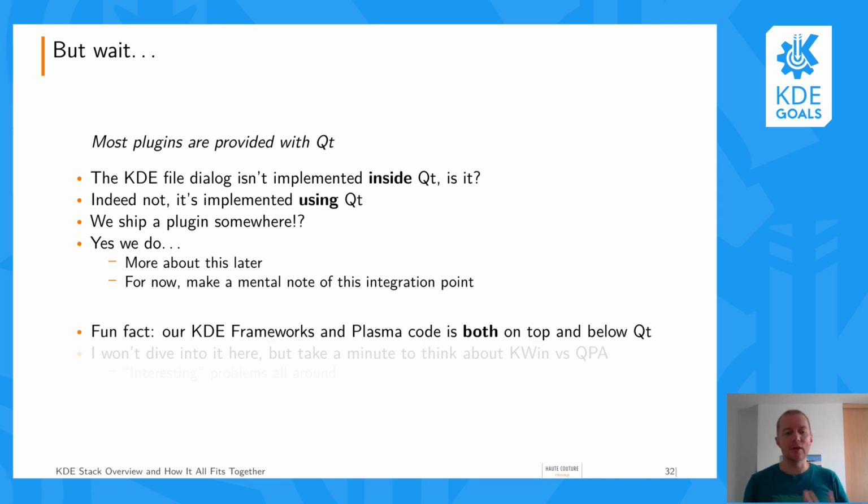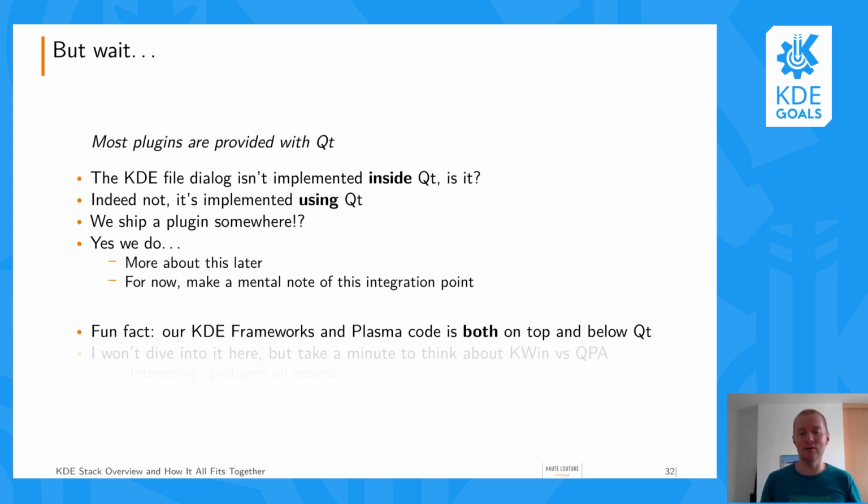So as I mentioned earlier, but I find that actually funny, Plasma and KDE Frameworks have that, which is a bit special, that they have code both on top and below Qt, right? If you're another platform, like GNOME, for instance, right, they don't have this constraint, because none of the things they implement are based on Qt, right? But we implement things with Qt traditionally, and then we need to integrate inside it.